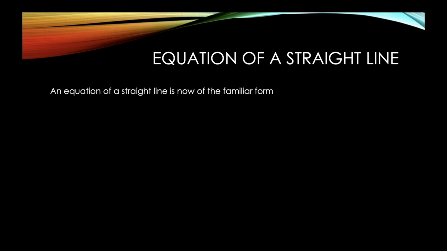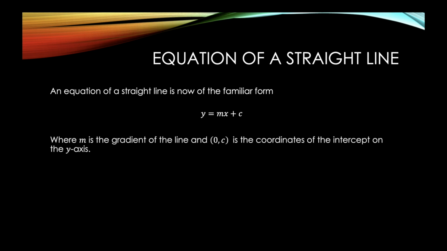So now you look at it, it should be of a familiar form of y is equal to mx plus c, where m is the gradient of the line and 0, c would be the coordinates of the intercept on the y-axis. Now what does this actually mean in plain English? So m is the slope, as the people would say, a slope, and I call it mathematically is the gradient of that line. c is just where that line crosses the vertical y-axis, and in mathematical language it's called the intercept.